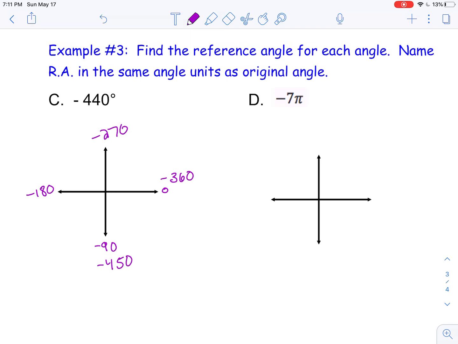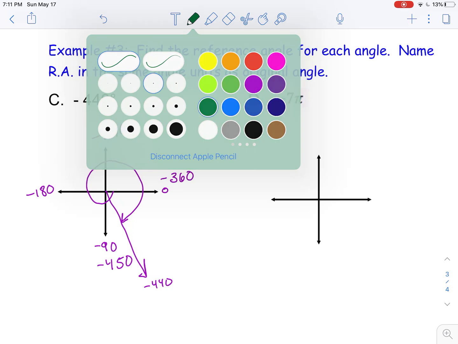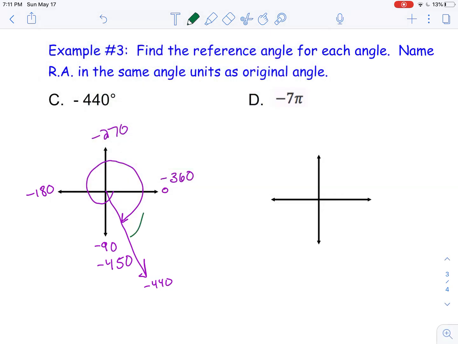So if I think of 440, it's going to go around and come down here. So I'm here at negative 440. My reference angle is this distance here.